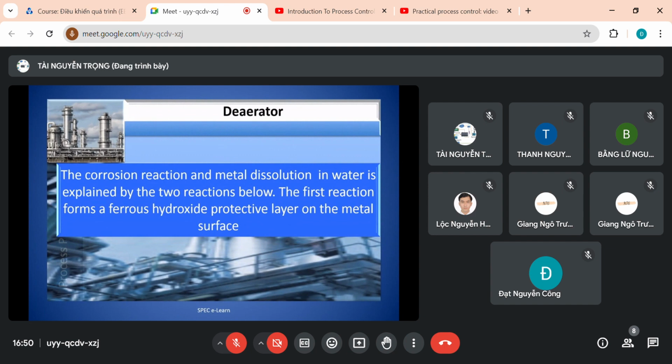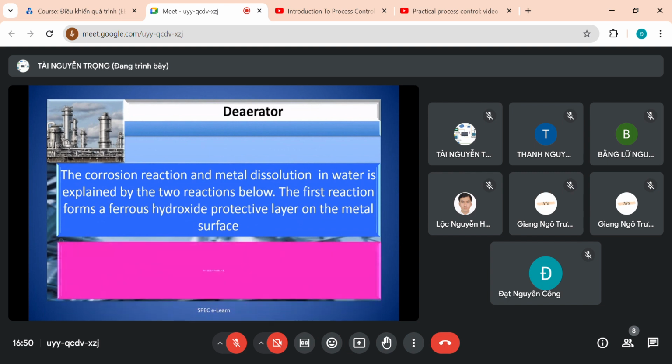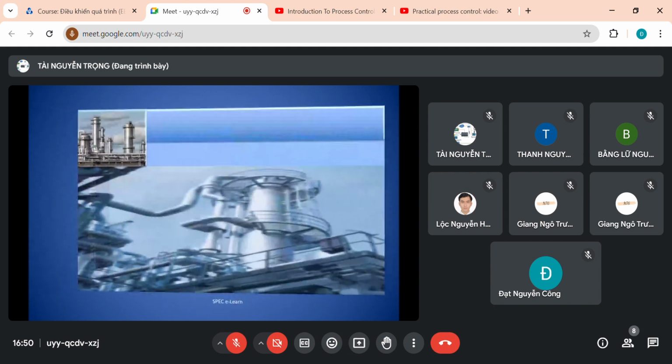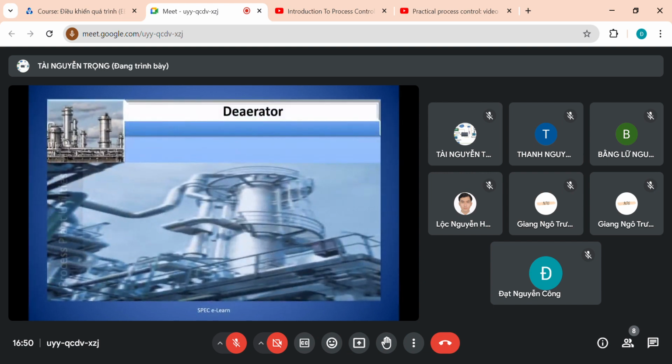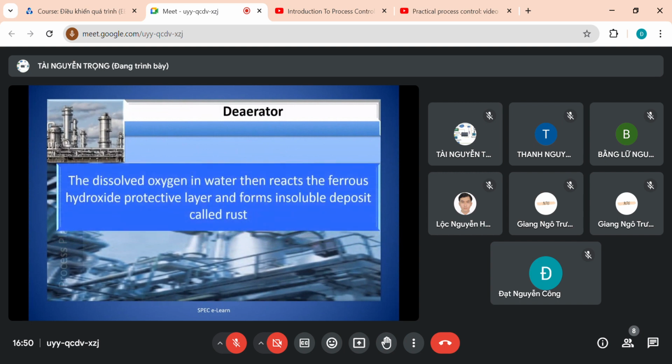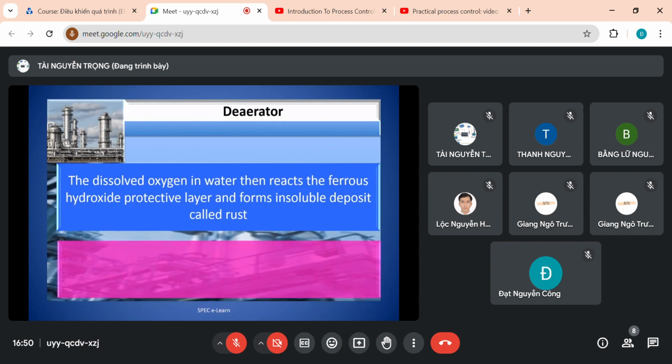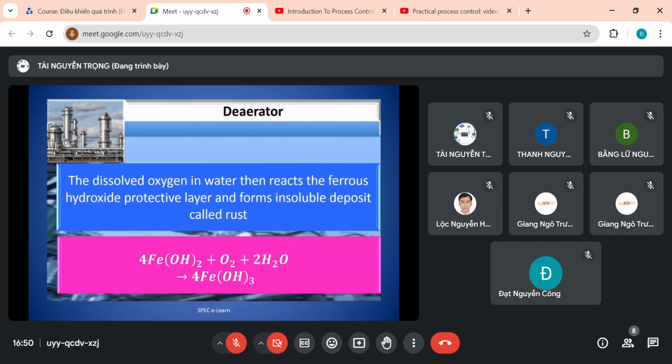The first reaction forms a hydroxide protective layer on the metal surface: Fe plus 2H2O, giving rise to Fe(OH)2 plus H2. The dissolved oxygen in water then reacts with the ferrous hydroxide protective layer and forms an insoluble deposit called rust: 4Fe(OH)2 plus O2 plus 2H2O, giving rise to 4Fe(OH)3.